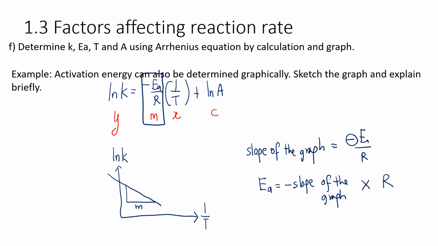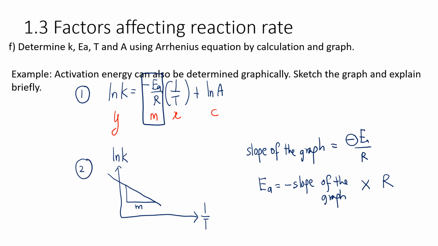So this is how we discuss how to determine activation energy using the graphical method. Again, we start with writing the Arrhenius equation in the linear equation form. Then talk about what graph we need to plot.